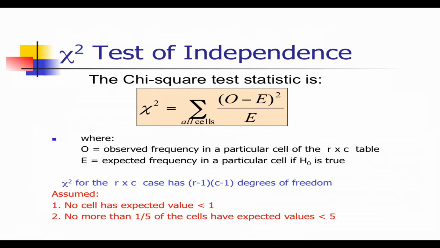Those cutoffs, whether it's 1 or 5, are not scientifically justified. They're really just suggested values. So keep in mind that for the chi-square test, the expected cell frequency cannot be too small.